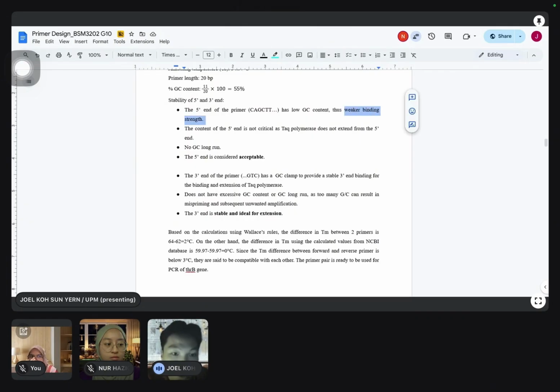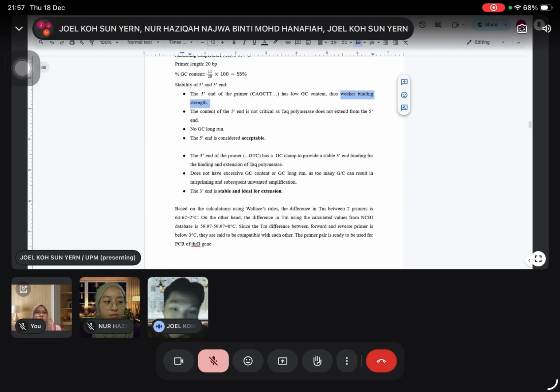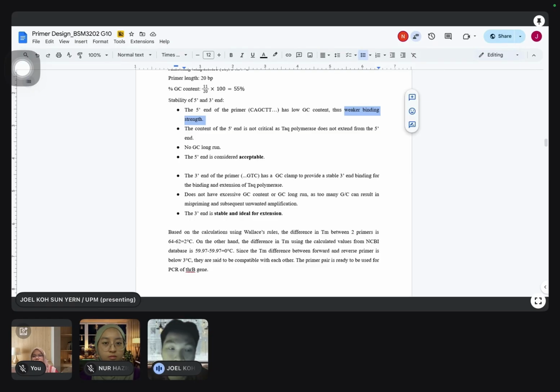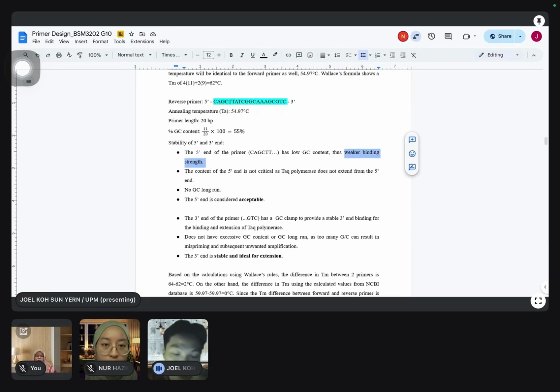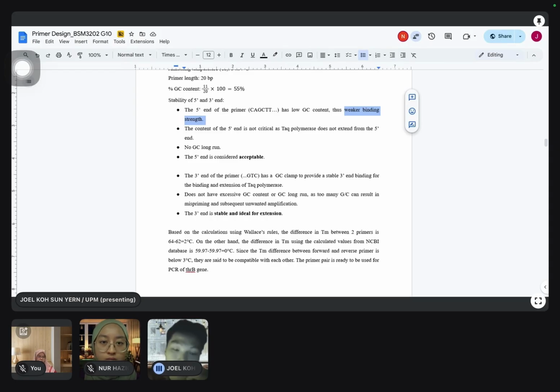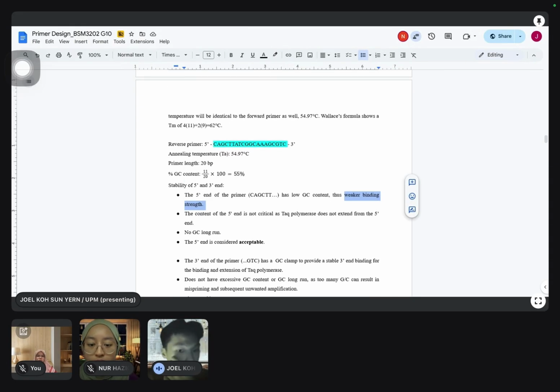But as I mentioned, it doesn't have to be prioritized much because that is not the point where the Taq polymerase will bind and extend the DNA, so we don't have to look into it. And there's no GC long run. As long as it has no GC long run, it forms a stable binding at the template, and it is acceptable to be a good 5' end of the reverse primer.